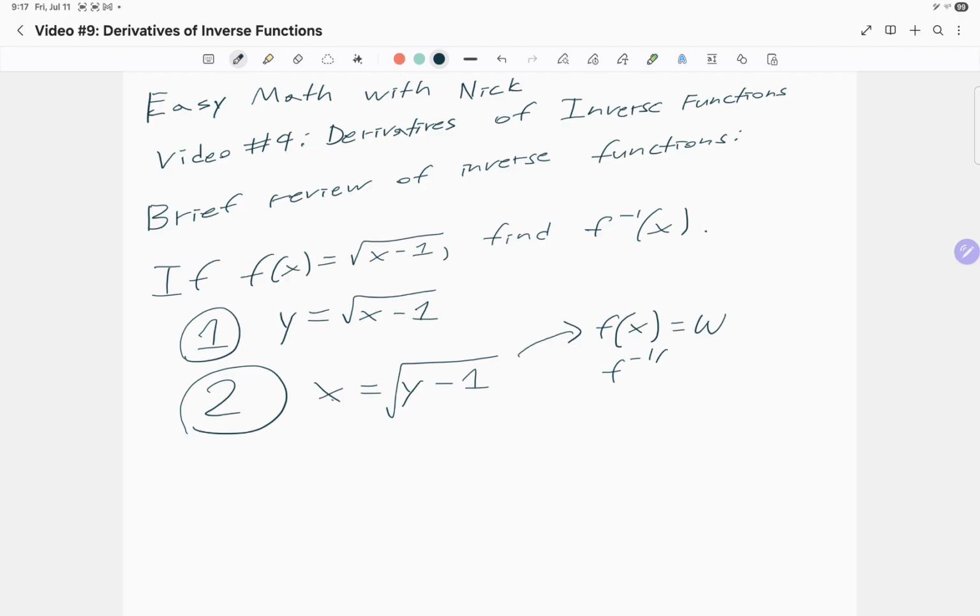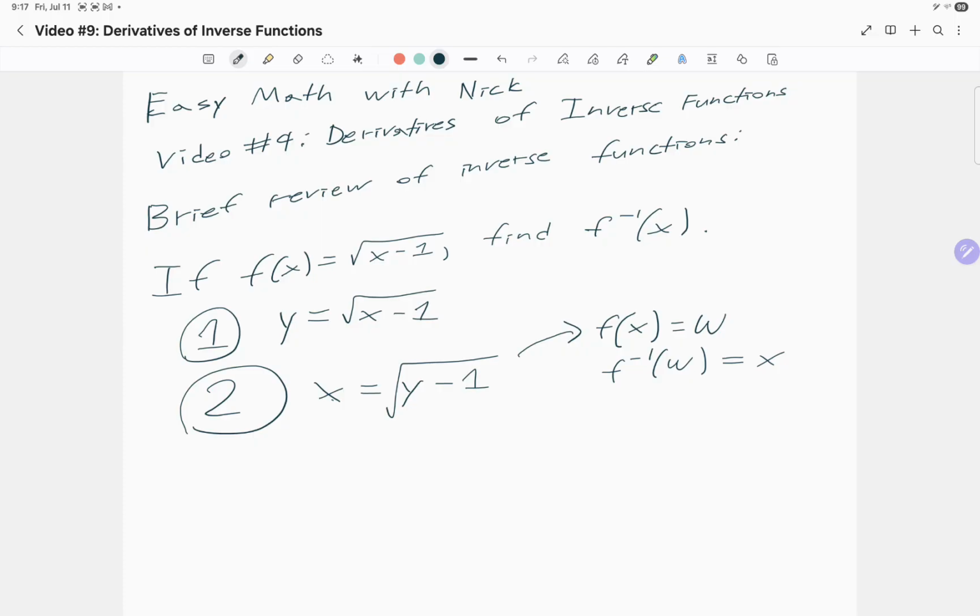Then f inverse of omega equals x. That's to show that we're flipping the x and the y's at step 2 here, which seems obvious, but it's really a nice trick that we can use to help solve some questions that would be very confusing otherwise.